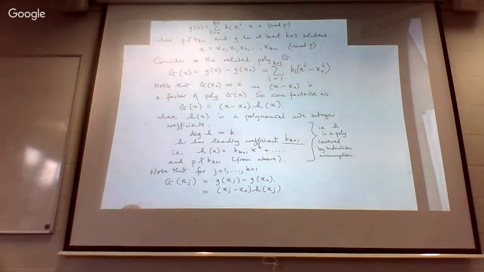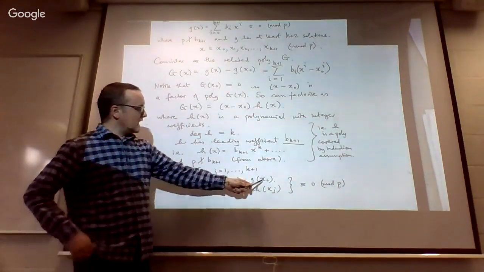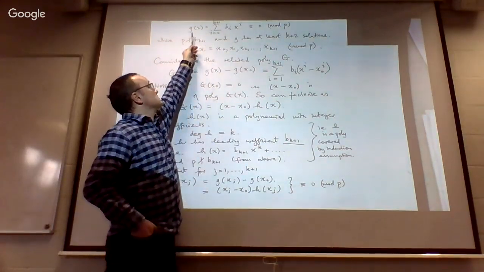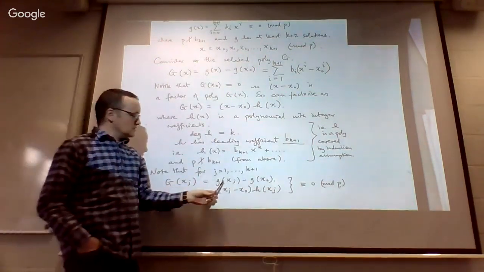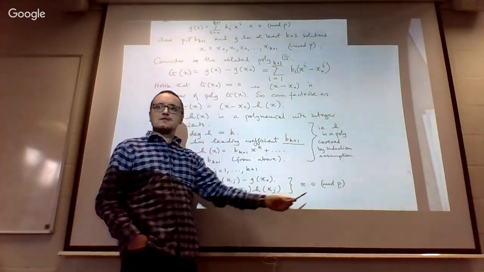But these are both the same thing. This is congruent to 0 mod p. Why is it congruent to 0 mod p? Well, x_j and x_0 are both solutions to the polynomial congruence little g congruent to 0. So when you subtract two things that are congruent to 0 mod p, it's still congruent to 0 mod p.